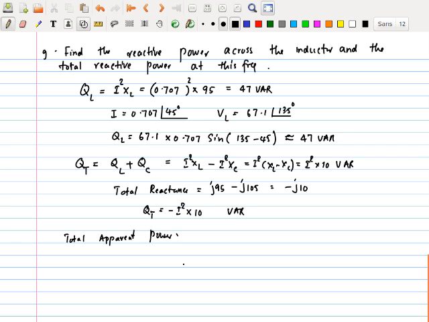Now you realize V for this whole circuit is going to be that, and I for this whole circuit is going to be 0.707 with an angle of 45. So the total apparent signal power is S, which is VI. That is 10 times 0.707, 7.07 volt ampere. Okay?